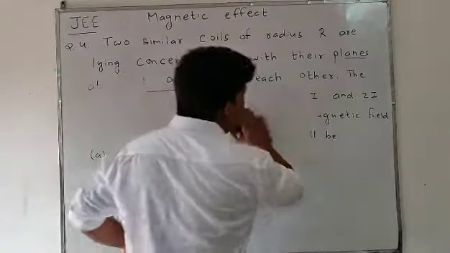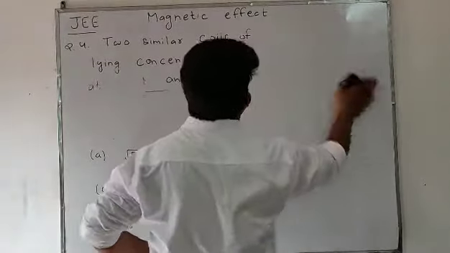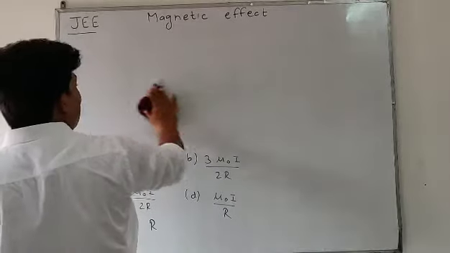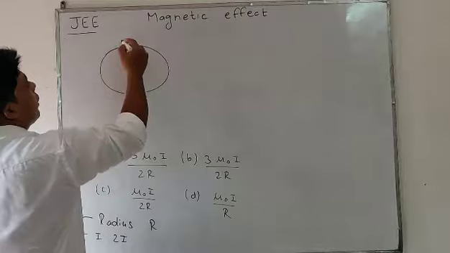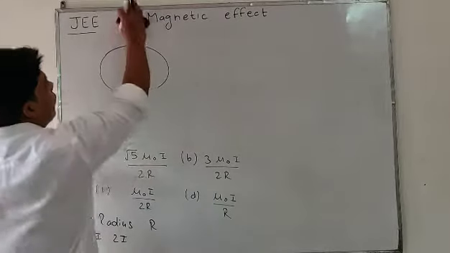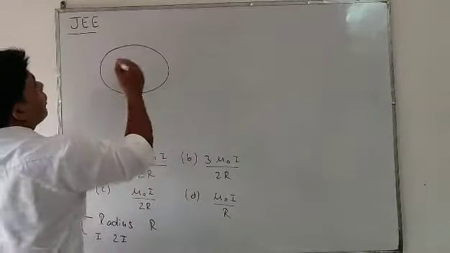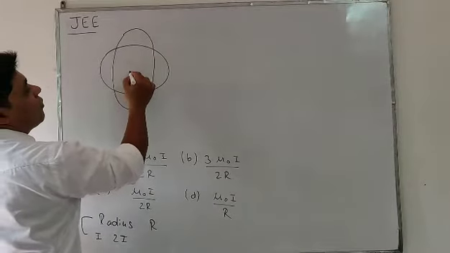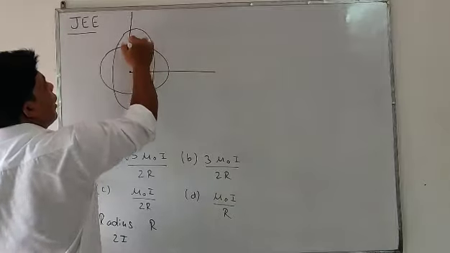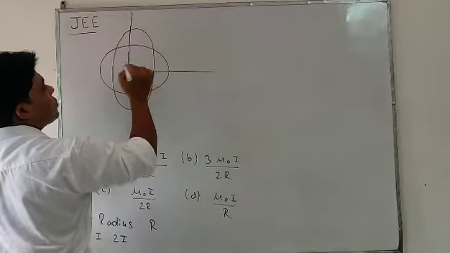Now we have to find the magnetic field at the center of two concentric perpendicular coils. This is the first coil, and that will be the second coil. Both are concentric and perpendicular to each other.